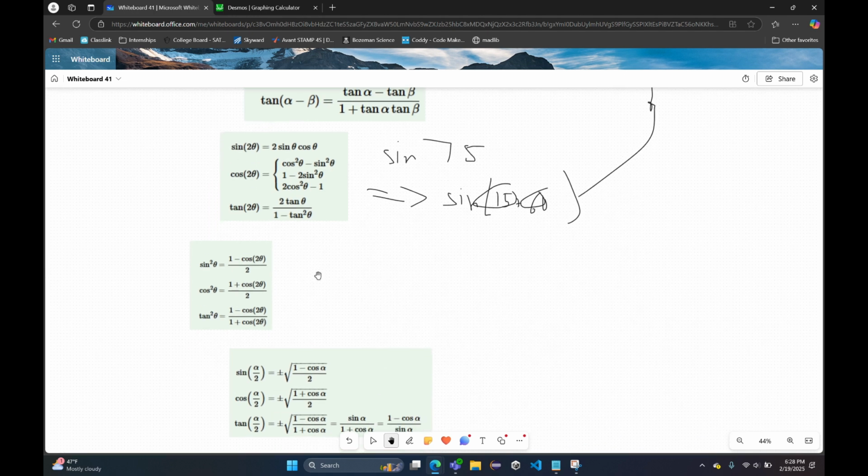Okay, so now let's move on to the power reduction formulas. The power reduction formulas are derived from this equation right here, the second one, or at least for sine it is.